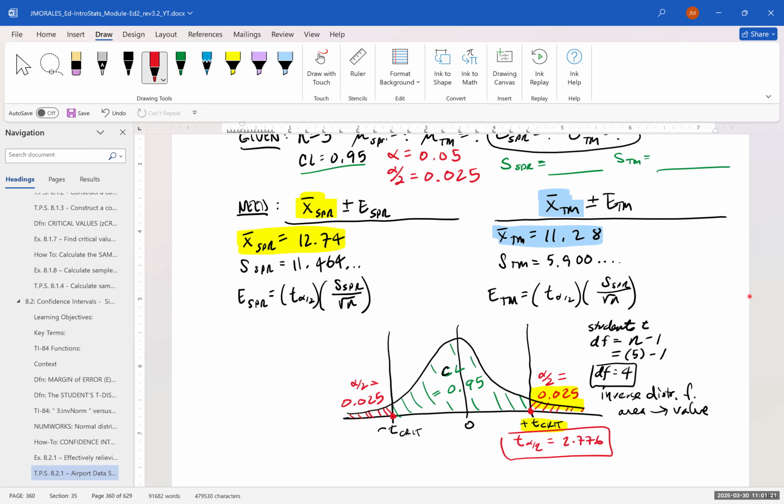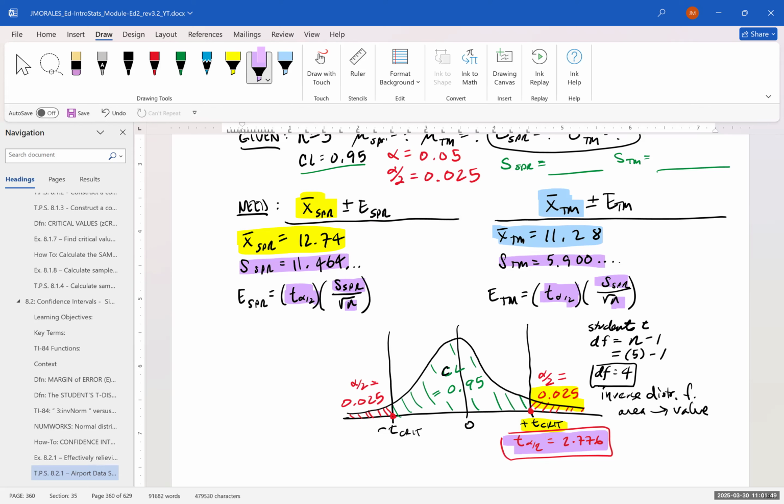All right. So we have everything we need now. We have the sample standard deviation for each of these. We know the sample size, which is going to be 5, and the t alpha/2 score we just calculated to be 2.776.